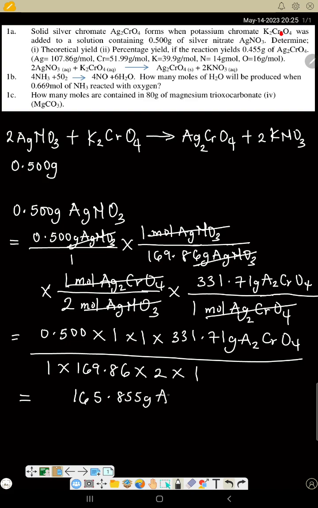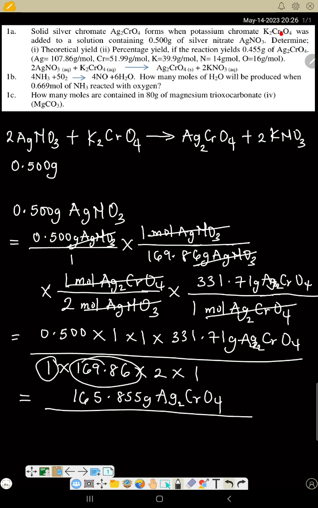So that is 165.855 gram of Ag2CrO4, divided by the denominator. Here is silver nitrate, AgNO3, divided by 1 times 169.86 times 2.